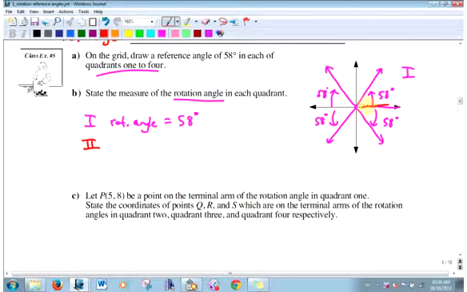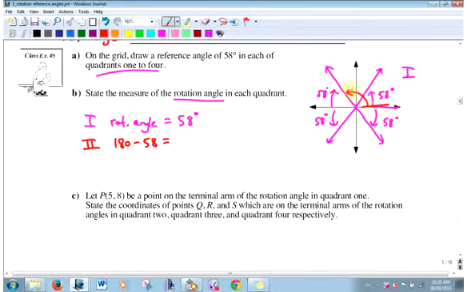How do I get from here to there? 180 minus 58 will give me this, won't it? Right? Does everyone see that?